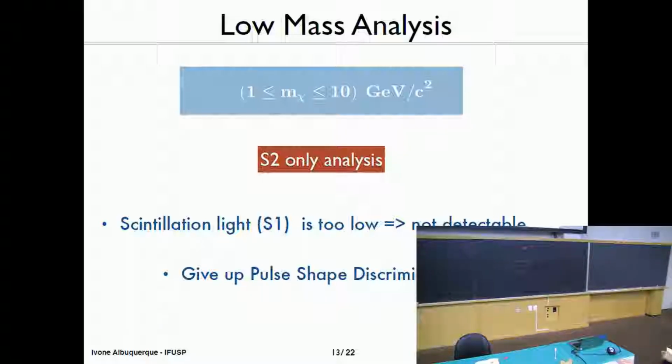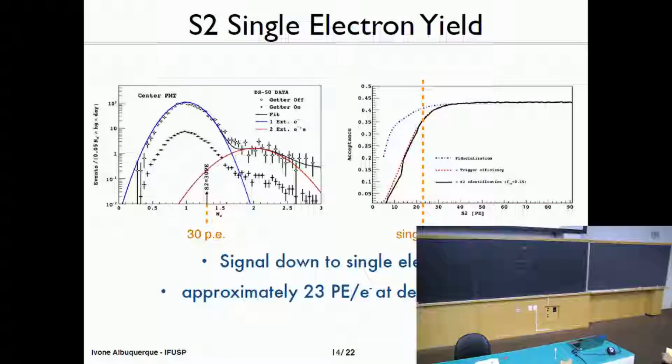For this, we mainly used only the S2 ionization signal. We did not use the S1, because at these masses the scintillation prompt light is too low to be detectable, so we have to give up the pulse shape discrimination. Using this, we had two more caveats in the analysis that were very interesting.